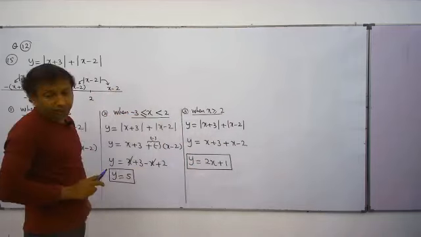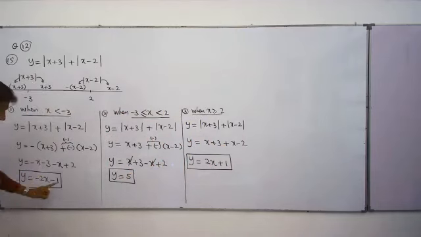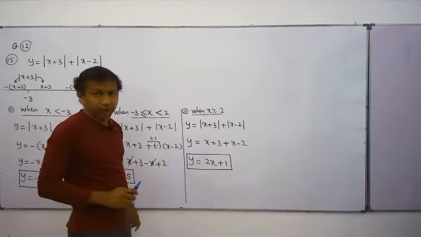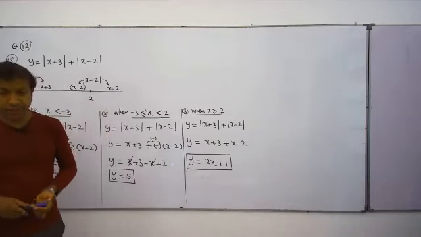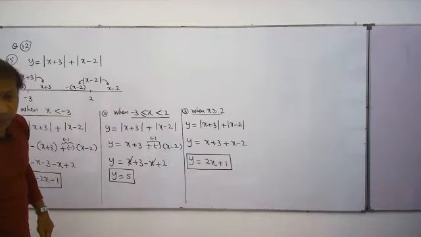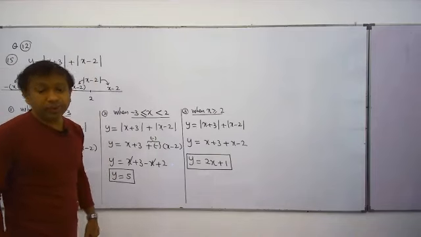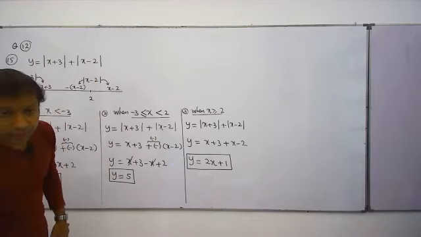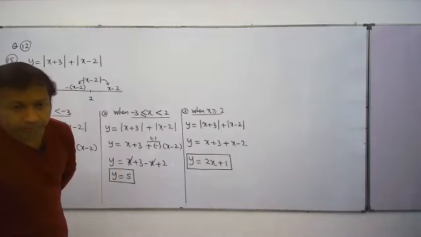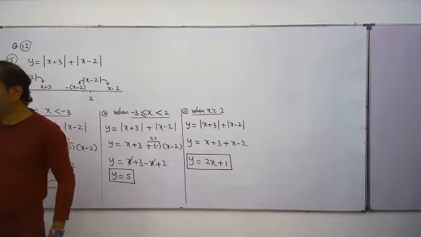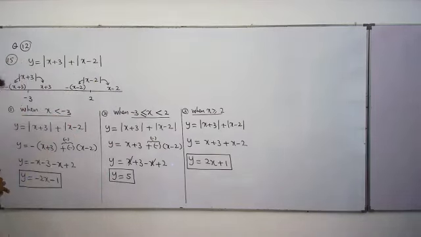Now, 3 lines we have to draw. You know how to draw these 3 lines. I'll give a few minutes, just draw the lines. Now, we have said when we draw this, exactly at x equals minus 3, we know this is a straight line.